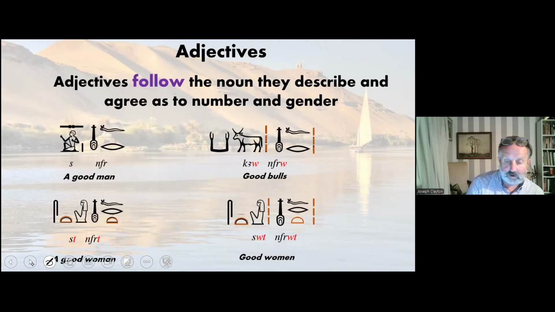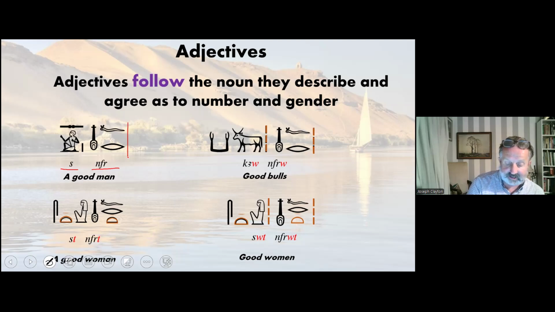Okay. Right, now adjectives. Adjectives are describing words, and they follow the noun they describe and agree as to number and gender. So we've got masculine singular s, no ending, that's just a man. Nefer, good. So it's man, good. No ending on the nefer either, because it agrees with the s, so a good man.